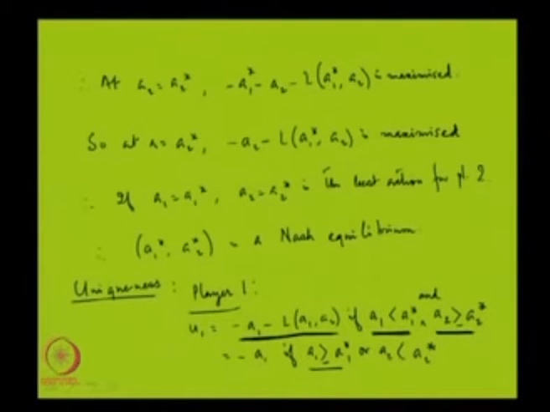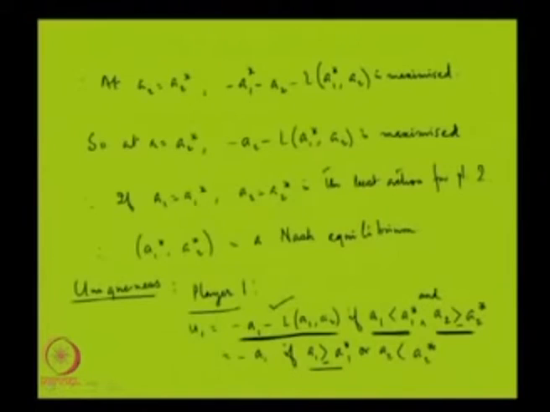So, he can never set an action which is greater than A1 star. At most it can be A1 star, and it is possible that he takes an action which is less than A1 star. It may happen that if A2 is greater than A2 star, at some value A1 less than A1 star, this function is being maximized. That is possible. But what is being ruled out is that if A2 is greater than A2 star, A1 can be more than A1 star.